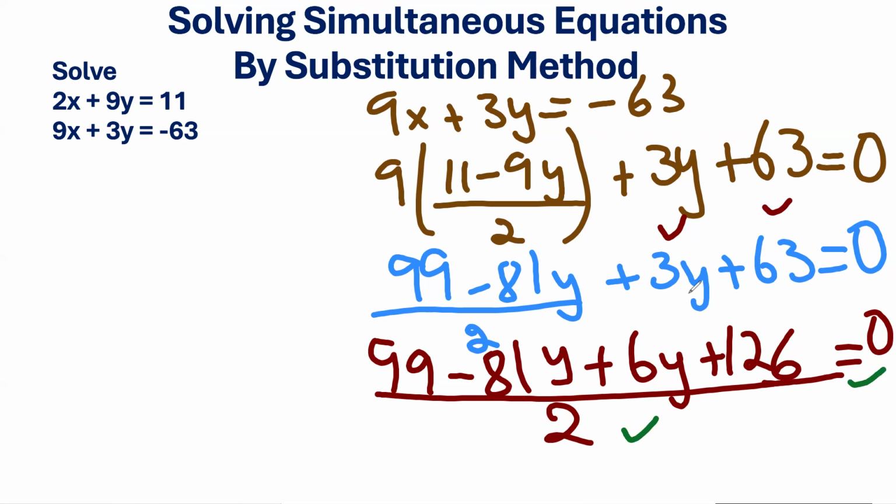So it is cancelled, and you can solve the like terms. Now, minus 81 plus 6 is what? 81 minus 6 is 75, but it should be minus 75.